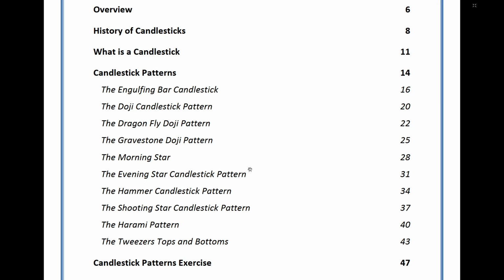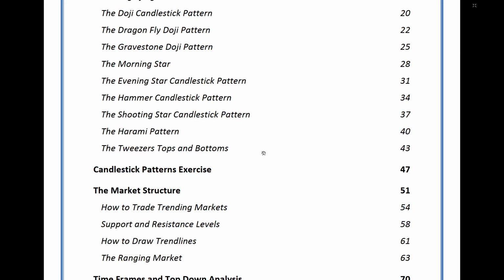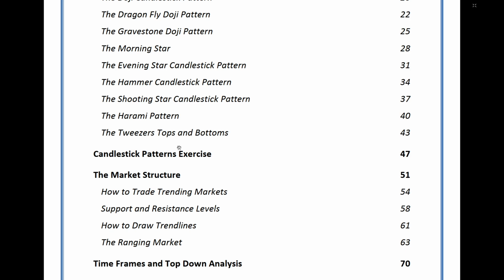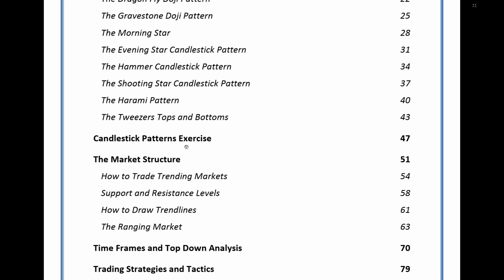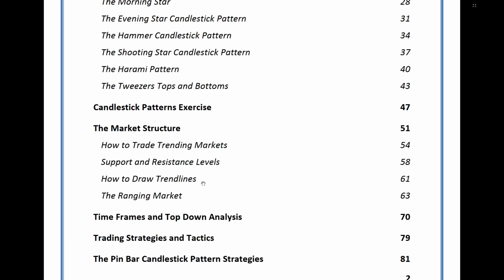I want us to discuss this document in whole. We'll be discussing it in segments so that you understand it in depth, together. After discussing all the patterns, we'll go to the exercise, then to the market structure. We'll understand how to trade trending markets, support and resistance levels, how to draw trend lines, the ranging market, and so on.